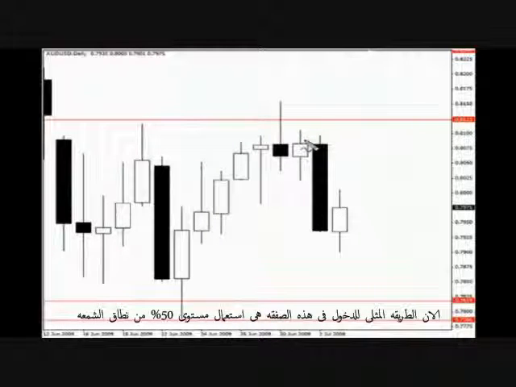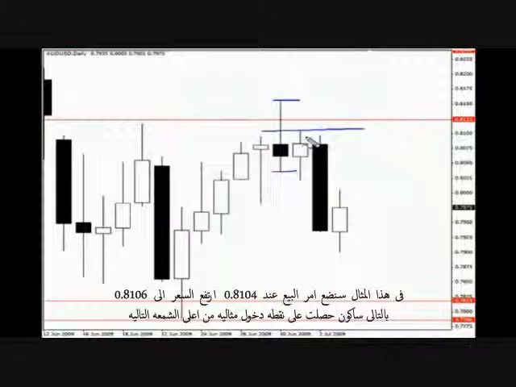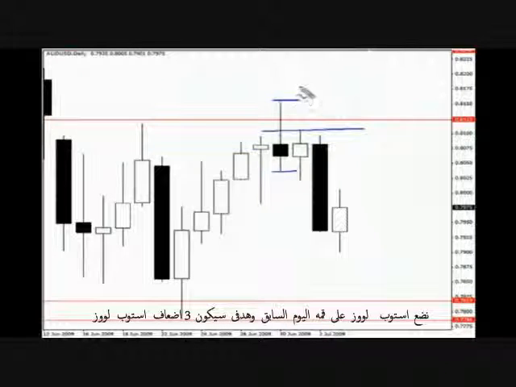Now the way that I trade this method is using the 50% range entry. Once I've identified the range of the pin bar itself, I will then enter at the halfway point of the bar. So in this instance I put an order to sell at 81.04, and the market actually had a high of 81.06, so I got filled almost perfectly near the day's high, placed the stop loss above the previous day's high, and what I do is I aim to make 3 times the stop loss placement.